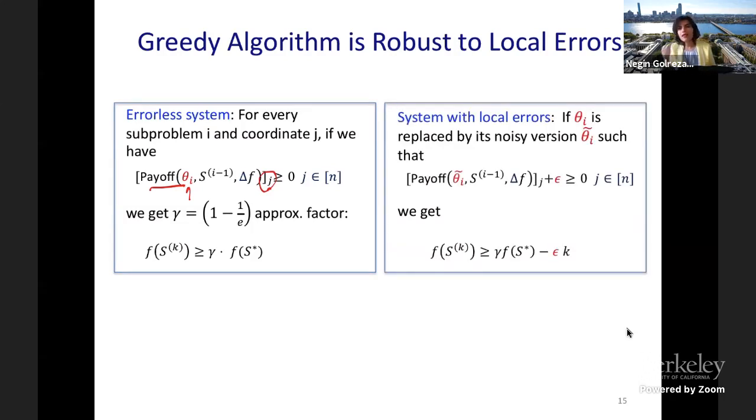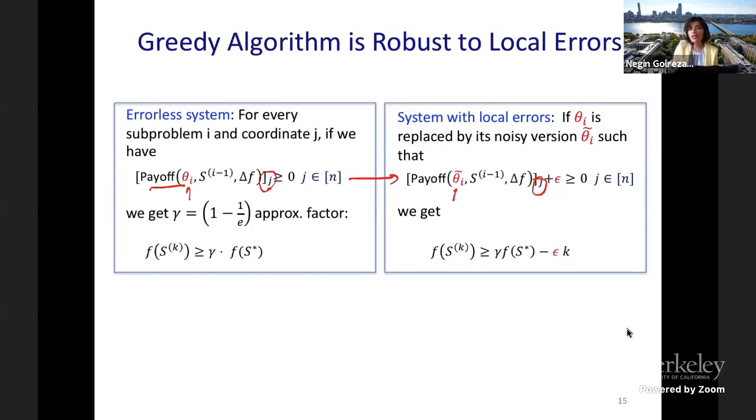Now, let me add a little bit of error to the system, in the sense that instead of theta i, I'm going to replace it with this noisy version, theta i tilde, such that if you look at the payoff vector at theta i tilde and look at any coordinate j, this may not be greater than or equal to 0 as I wish for, but with a little bit of error epsilon it is still greater than or equal to 0. So I satisfy this condition approximately, with some error.